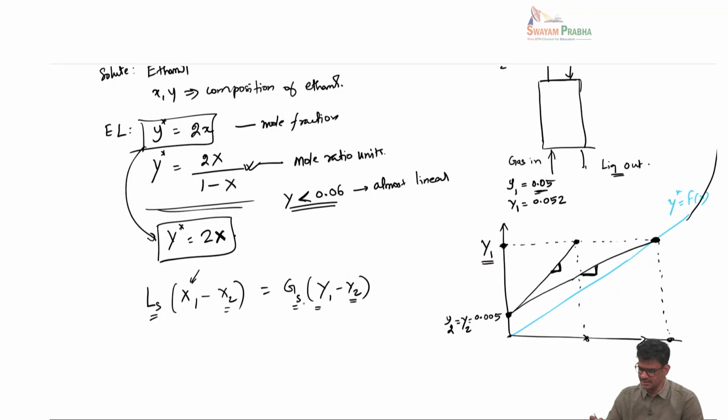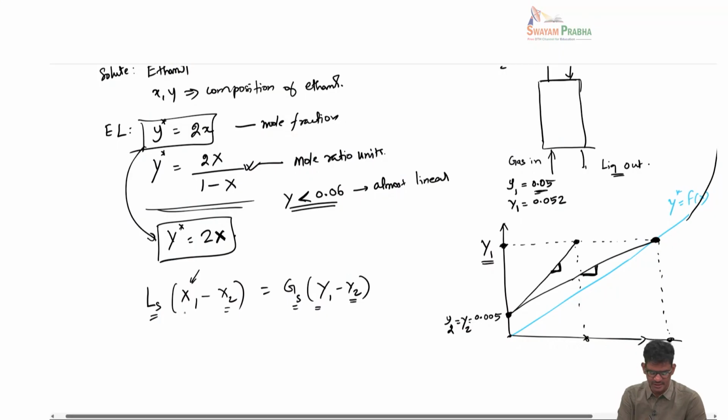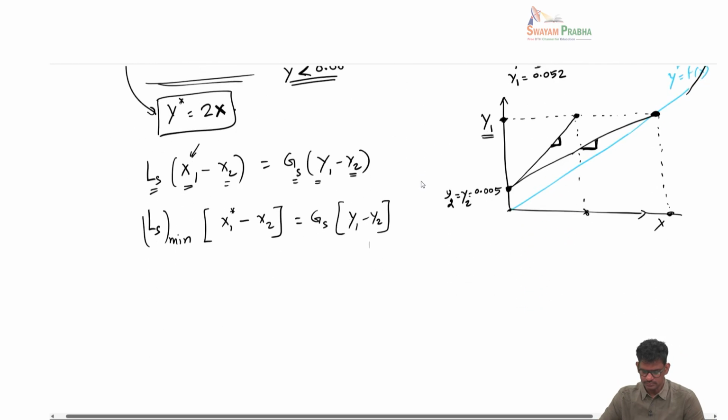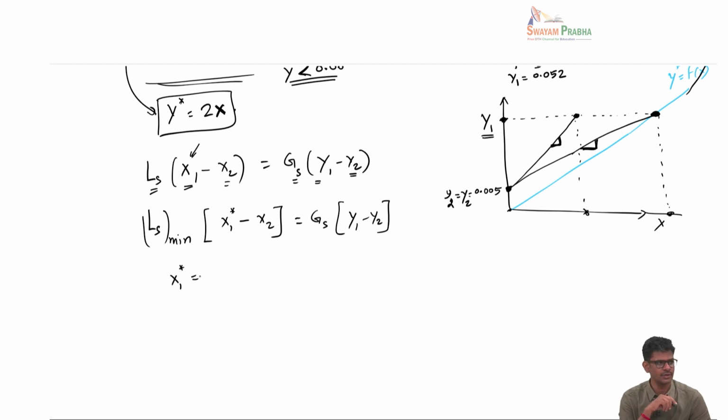minimum liquid flow rate. I know that x1 has to be at equilibrium with y1. So if I write this for minimum flow rate, this x1 will be just x1 star. And what is x1 star? Not 2 times, it's half, right?